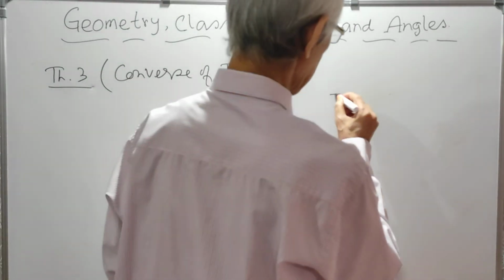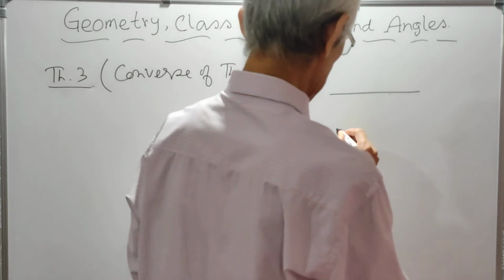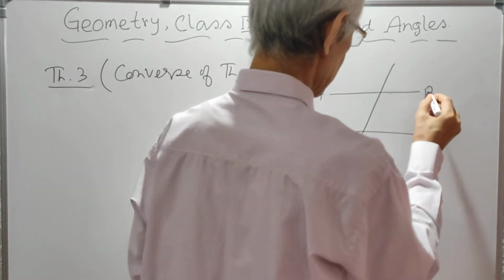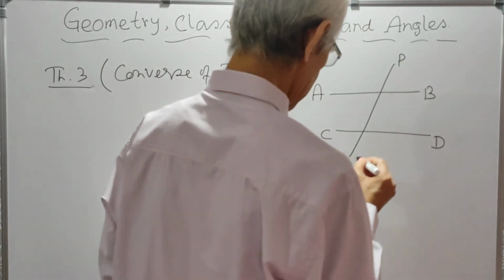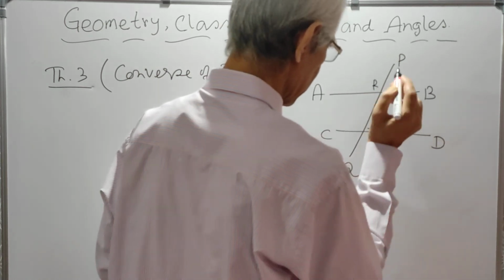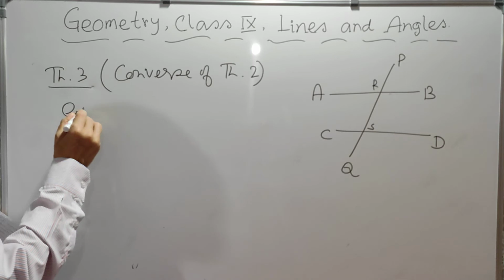Now converse theorems have exactly the same diagram. So see, this is the diagram like before, A, B, C, D, P, Q, this is R, this is S. All right. So here what is given?